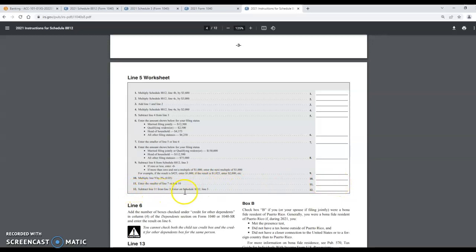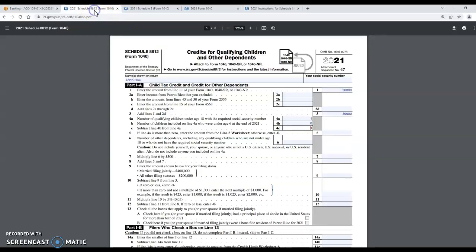Line 12, subtract 11 from line 3. So line 3 is 3,000 minus 0 is 3,000. And we're going to enter this on the 8812 line 5.